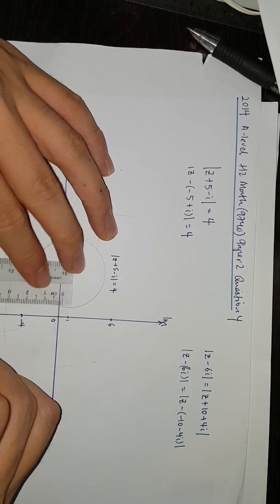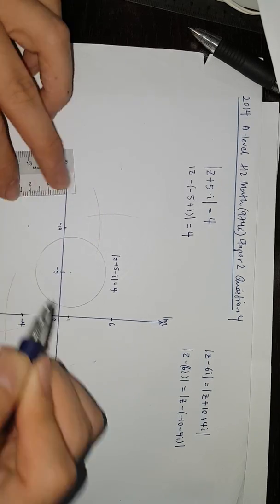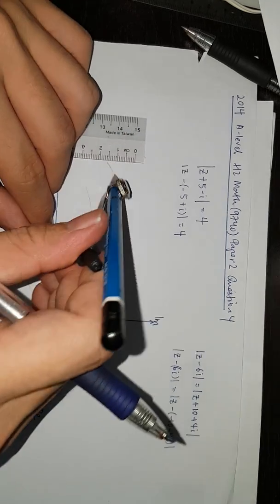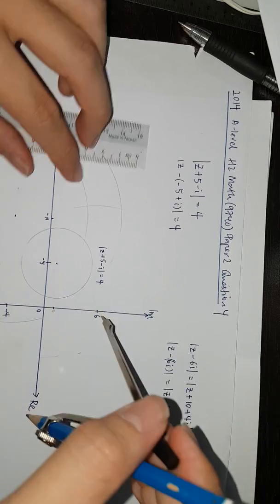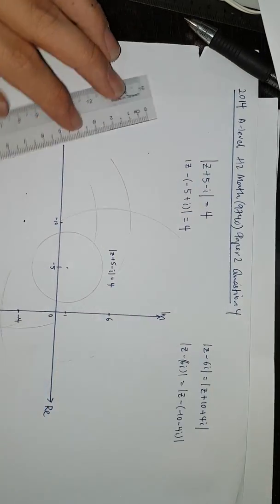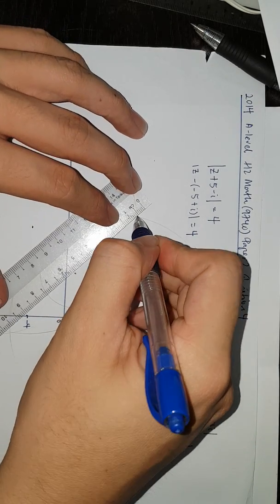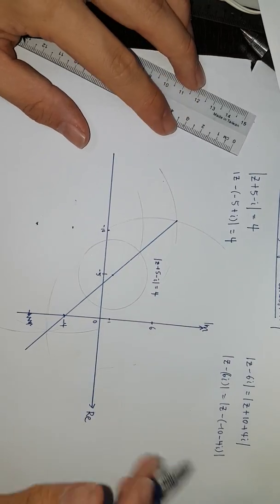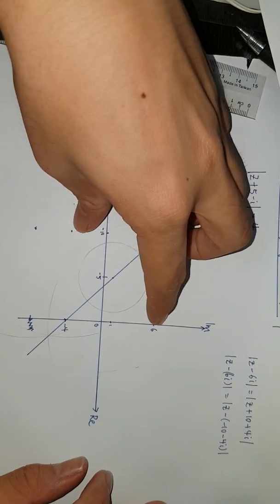Sorry, I'm just tired. Okay, so this should be from this point over here. Sketch, and I'll just sketch. And this perpendicular line, this is your bisector, within these 2 points.